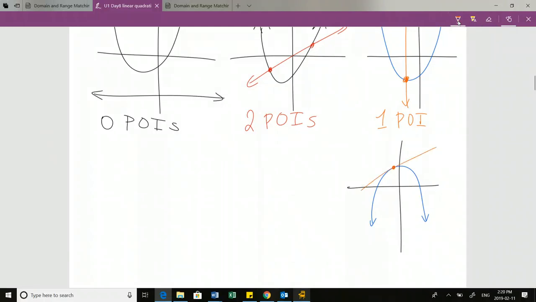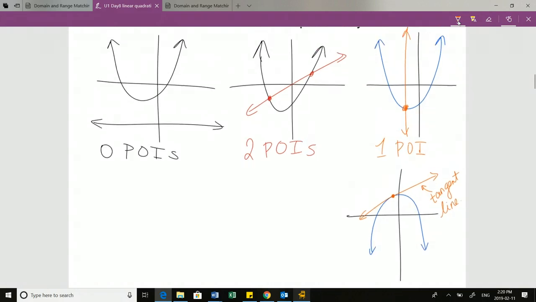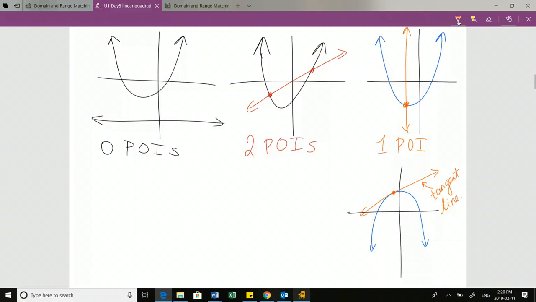Okay, so it actually just skims over your function at exactly one point, and this is what we call a tangent line. So it also has one point of intersection, but when it skims the function like that, we call that a tangent line. Okay, and that could be another possibility that we would have for one point of intersection there.